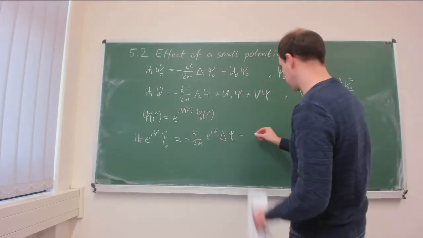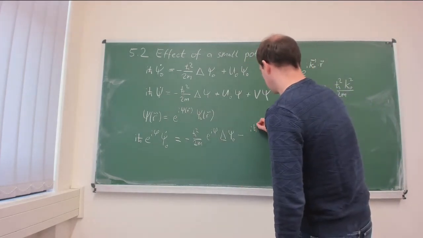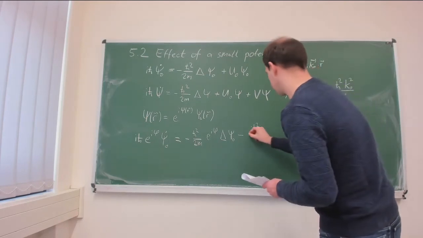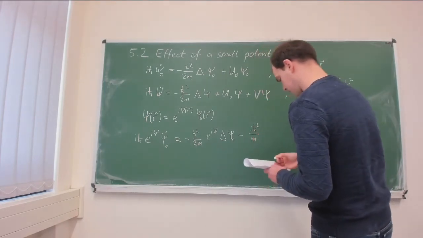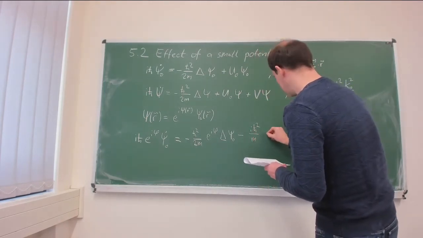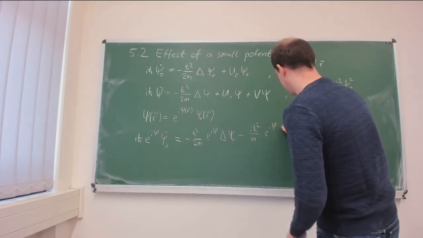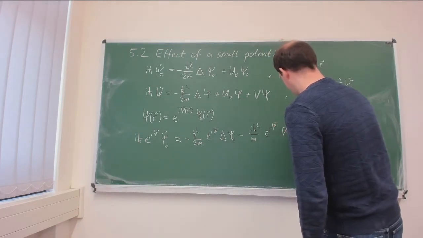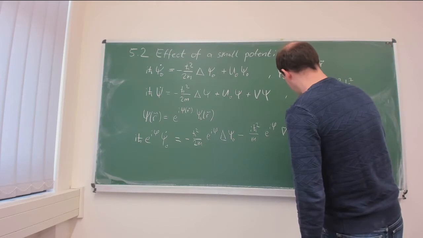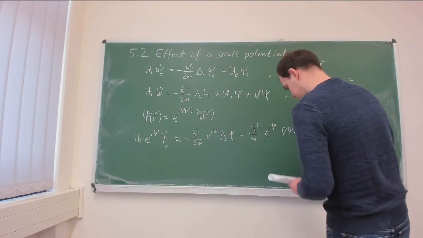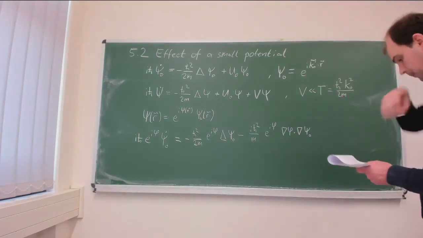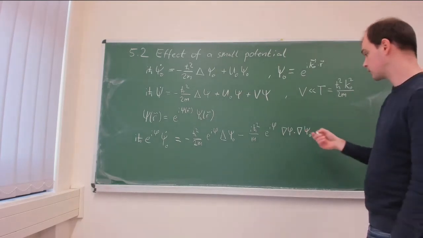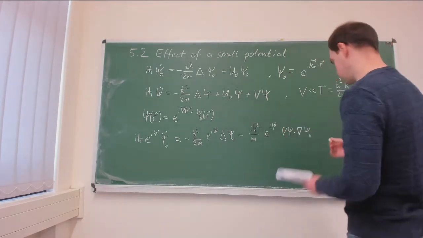So this gives us minus i ħ² divided by m e^(iφ) nabla φ dot nabla ψ0.